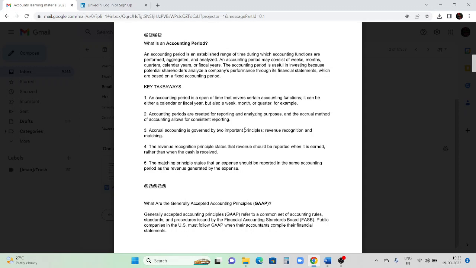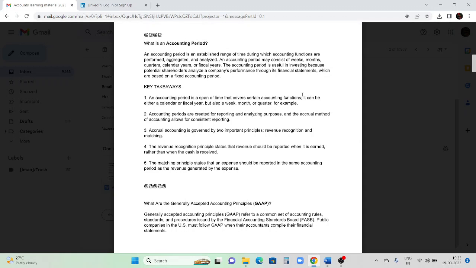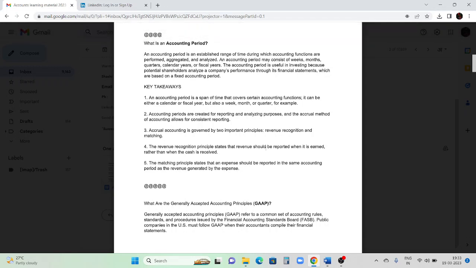Accrual accounting is governed by two important principles: revenue recognition and matching. The revenue recognition principle states that revenue should be reported when it is earned rather than when the cash is received. The matching principle states that an expense should be reported in the same accounting period as the revenue generated by the expense.